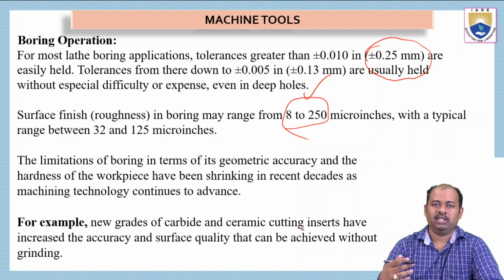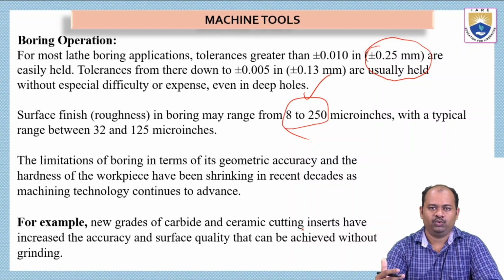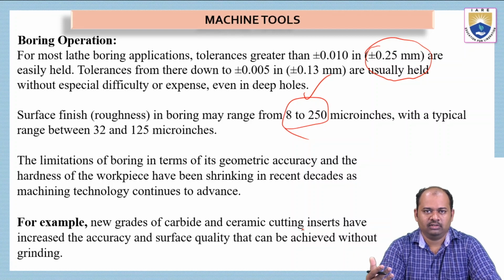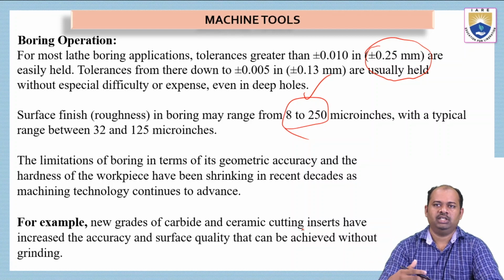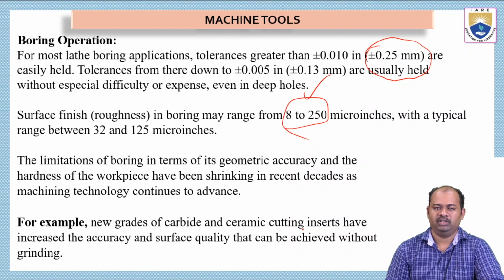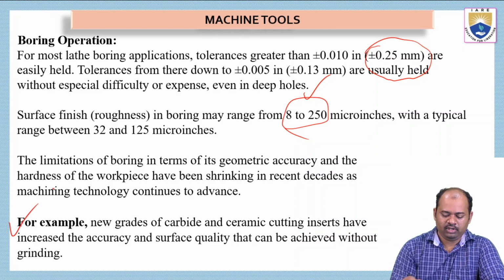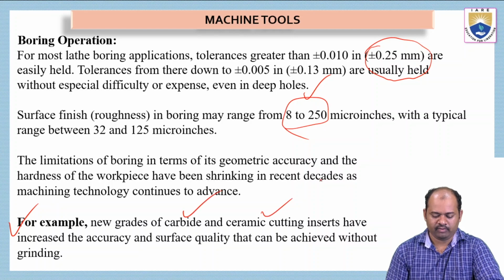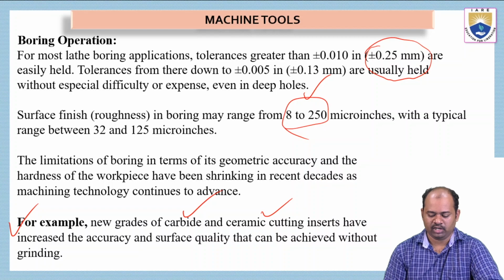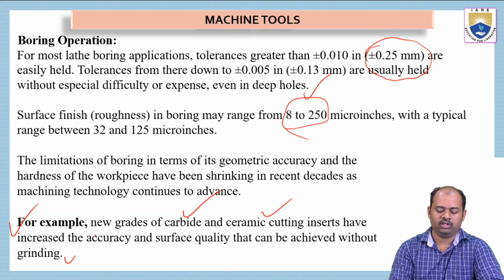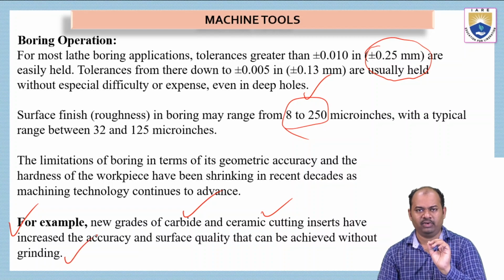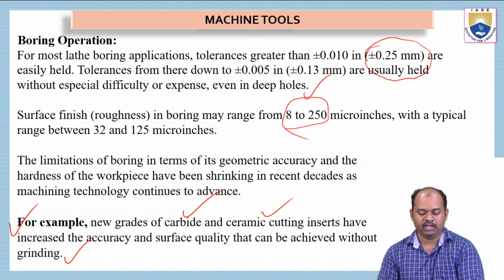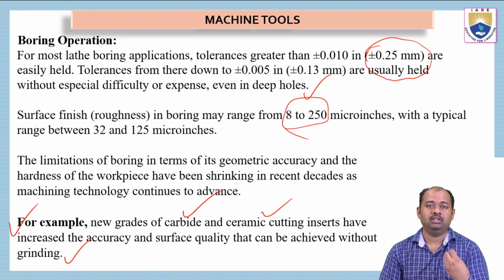Not only automation, we can get more advanced and harder tools, because of which we can remove the material and get a better surface finish. For example, new grades of carbide and ceramic cutting inserts have increased the accuracy and the surface quality that can be achieved without grinding. So without the help of grinding, we can use these grades of carbide and ceramic cutting tools for getting a better surface finish.